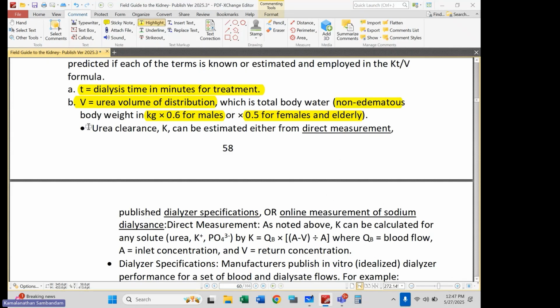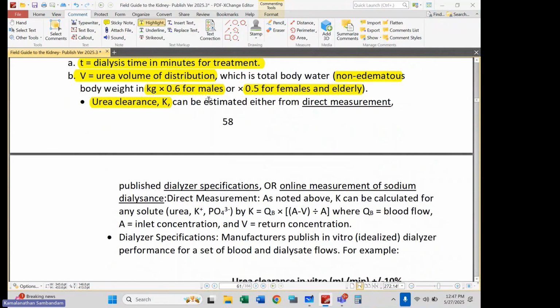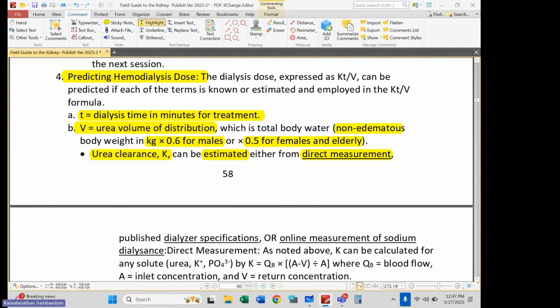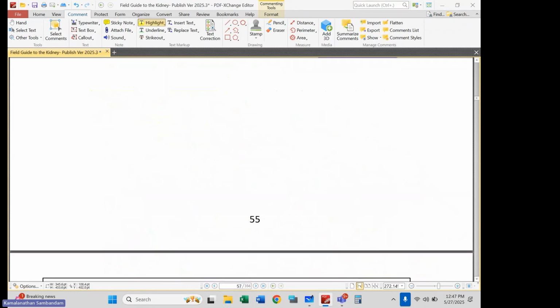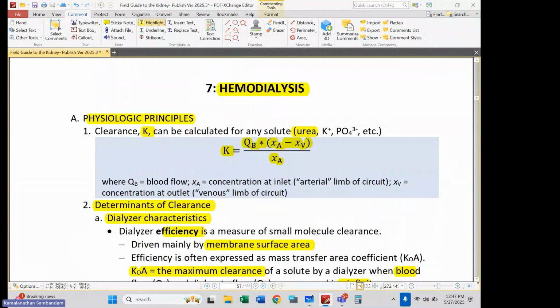Okay, so urea clearance K can be estimated either through direct measurements, right? One way to do that, remember we talked about at the start, you can measure urea in the arterial limb, pre-dialyzer, and post-dialyzer, and then just divide that, multiplying it times my blood flow rate.